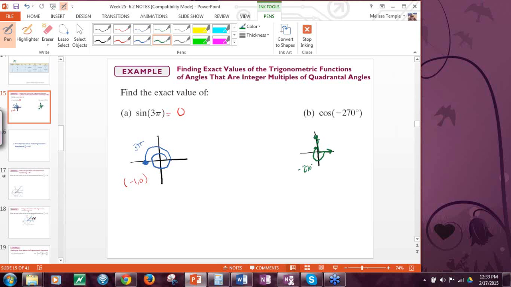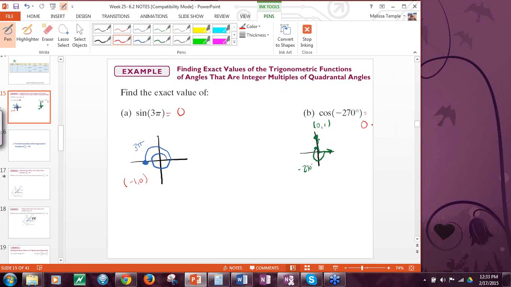So this corresponds to the point 1, 0, which is like the exact same thing as cosine of +90 degrees. So cosine of -270 corresponds to my, oh, and you know what, I wrote that wrong. I'm sorry, this should be 0, 1. So cosine of 270 is my x-coordinate, which is 0.